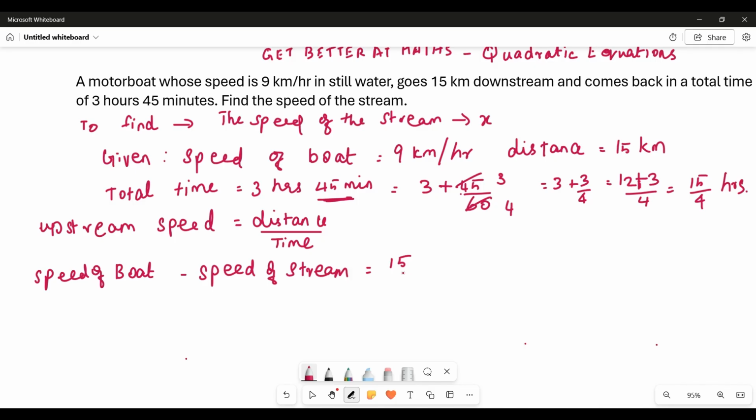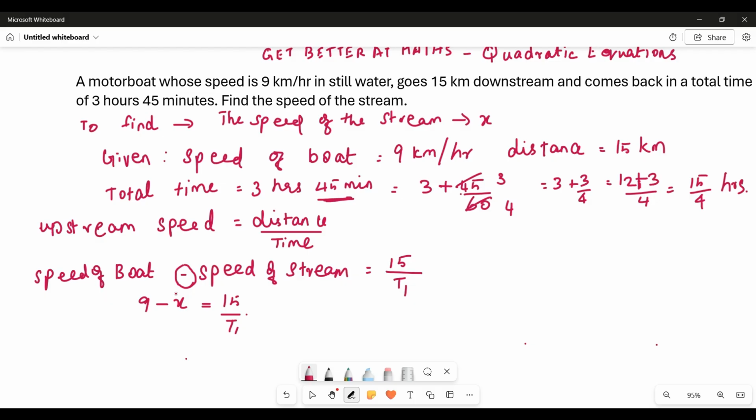So it is 15 kilometers, and the time taken we don't know, so let us write it as t1. The speed of boat is given in the question, which is 9, and the speed of stream we have to find out, it is x. So 9 minus x equals 15 by t1. Why are we subtracting here? Because the boat travels against the flow of the stream when it goes upstream.